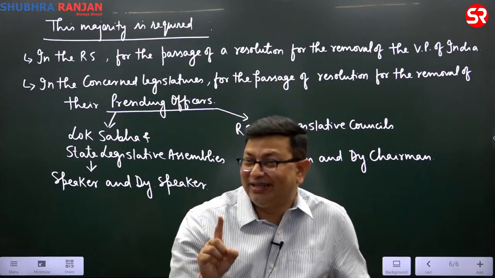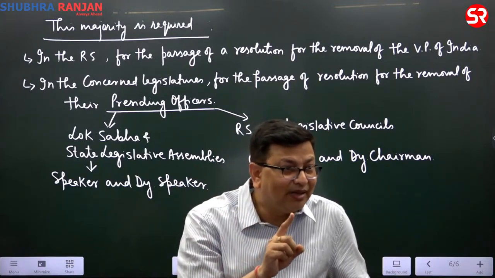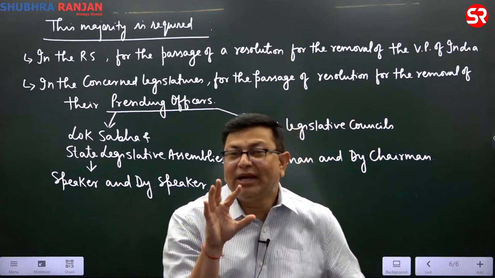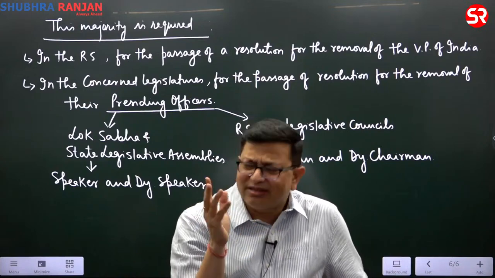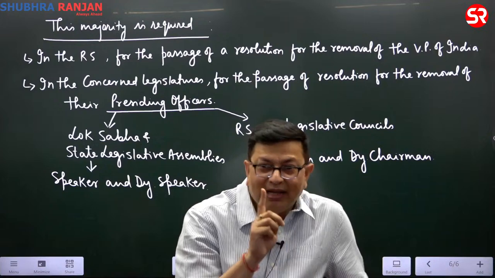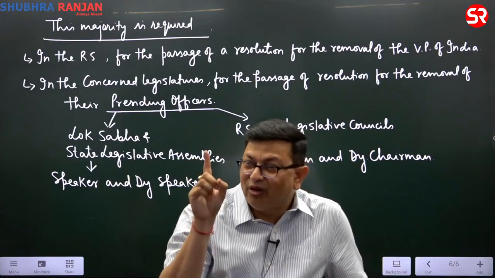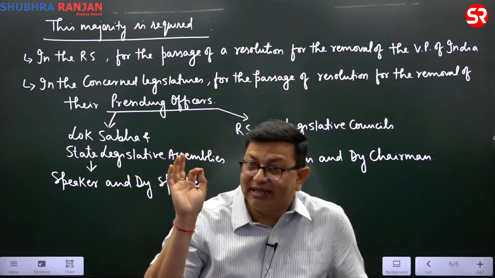That is the logic here, because he is the presiding officer of the Rajya Sabha. In a layman's term, effective majority will be required in the concerned house for the removal of the presiding officer. This is the key word.